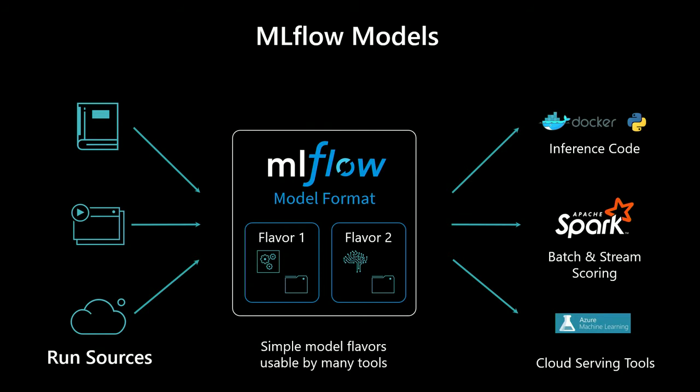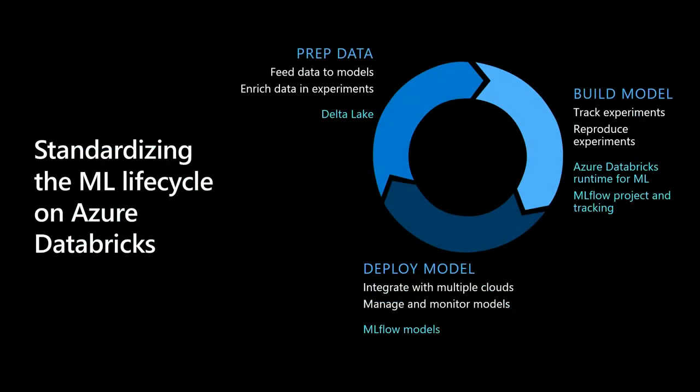So it has a way of encapsulating models of different types so that you can deploy it using any tool, like Azure Machine Learning is the one that we're going to show today. And this common model format allows any tools to interoperate with MLflow once they support this particular format. So it's a very generic, very common way for you to be able to deploy models, to the model deployment of your choice.